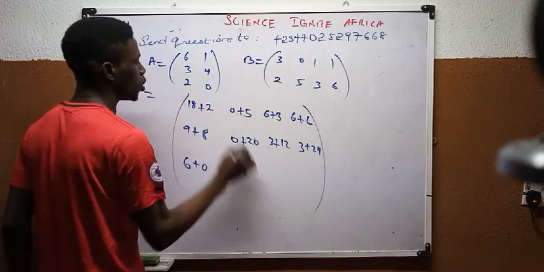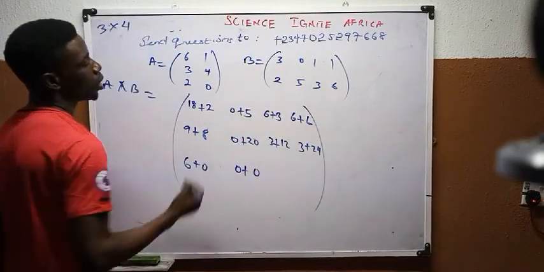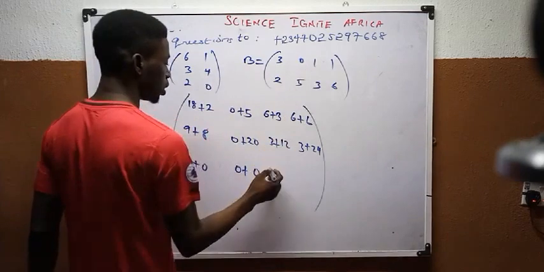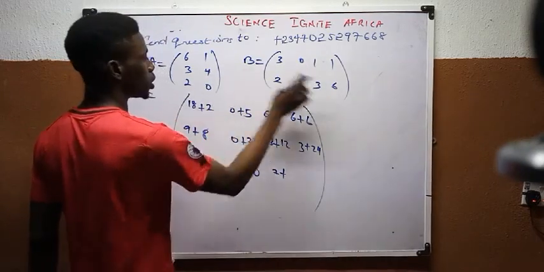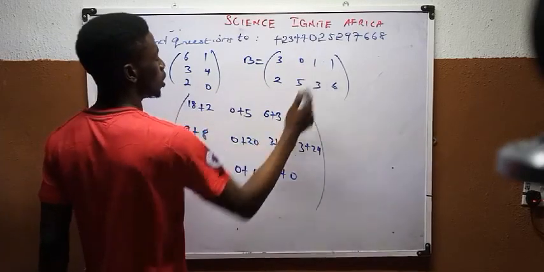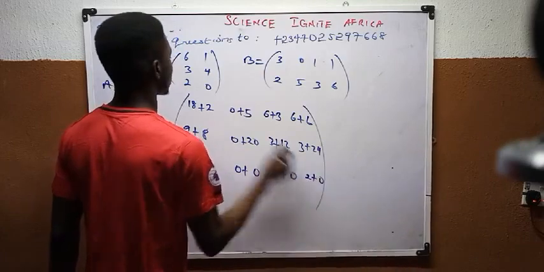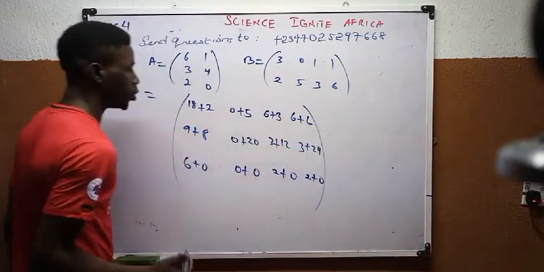So 2 times 0 is 0, plus 0 times 5 is 0. So next is 2 times 1 is 2, plus 0 times 3 is 0. 2 times 1 is 2 as well, plus 0 times 6 is 0.